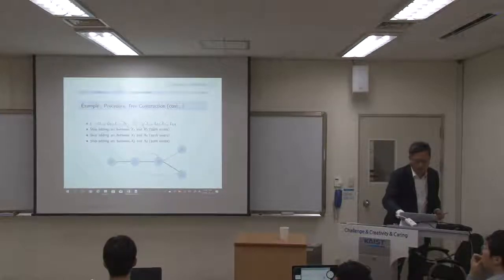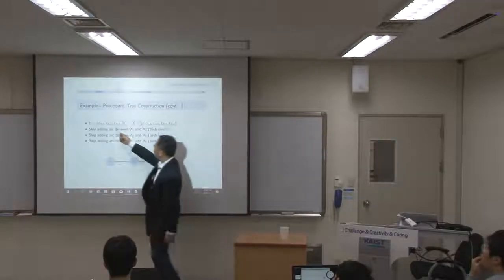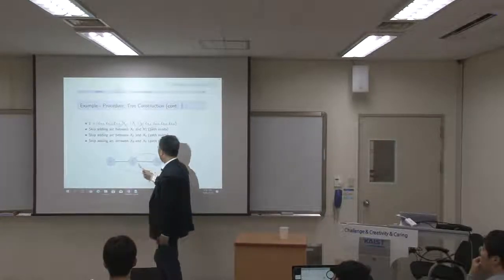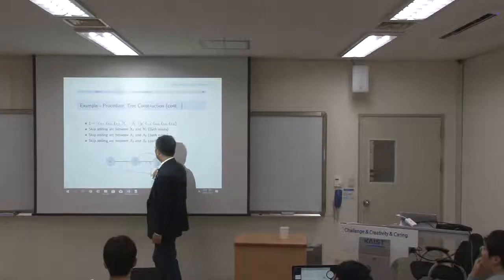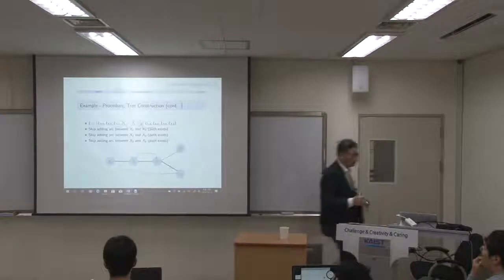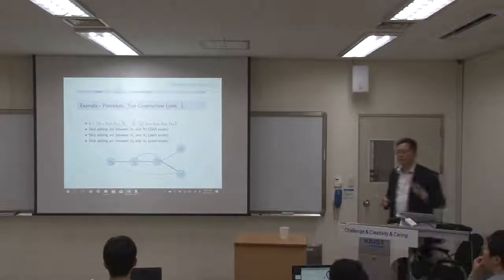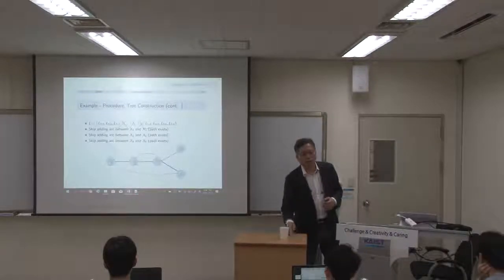And then I had to link up 1 and 2, and I had a link from 1 and 3. What I was trying to say was there was a typo here. This was 3 and this was supposed to be 2. Okay? So that typo has been modified.